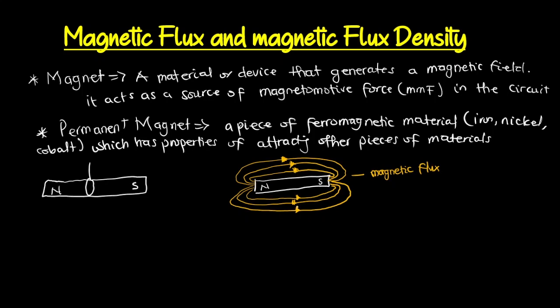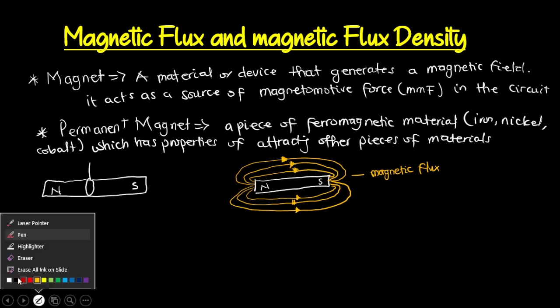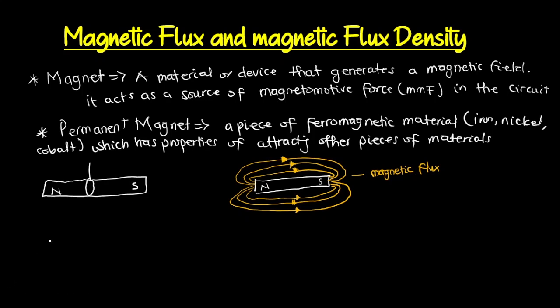Now what happens if we have two magnets close to each other, with like poles together and then unlike poles together? Let's look at case 1. When we have two magnets together and opposite poles are towards each other, this is the north, this is the south, this is the north, and this is the south, we realize that there is an attraction between the two magnets.